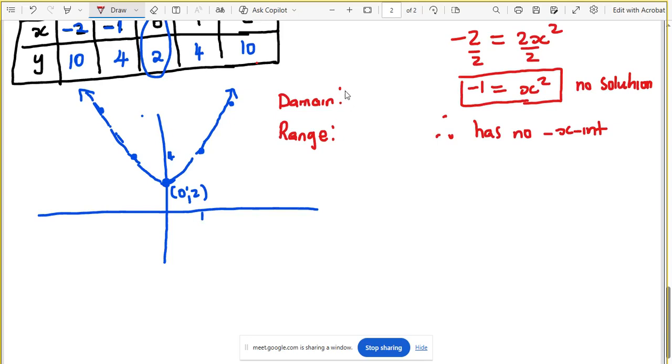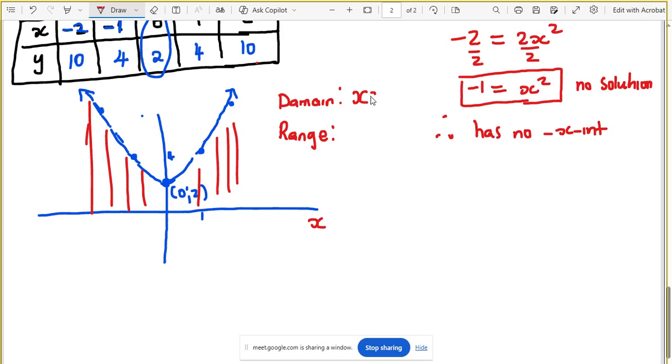The domain is where we check for which values of x your graph can take. It can take all the negative x values and all the positive x values, meaning the domain is x is an element of the real numbers.